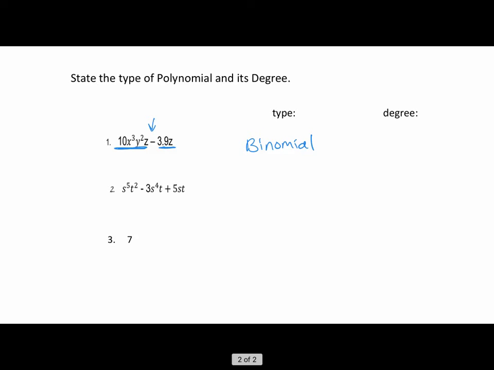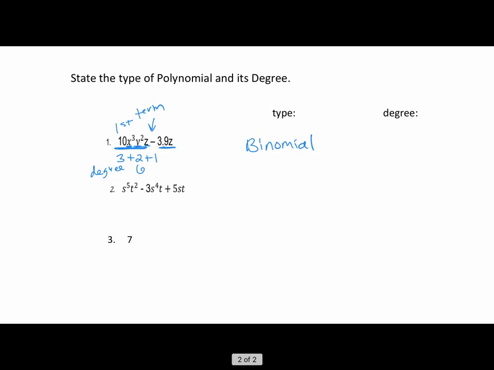So I find the degree of each term. So the first term, there's a lot of variables here, so let me add the exponents of the variables. X to the 3rd, y to the 2nd, and z to the 1st. So 3 plus 2 plus 1, that's a degree of 6.